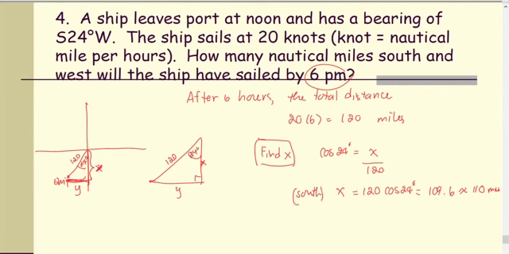Next we're going to find y, which is the west direction. y is the opposite, so this time we use the sine of 24 degrees, which is y divided by the hypotenuse 120. So y equals 120 multiplied by sine of 24 degrees, which is 48.8 miles, approximately 49 miles.